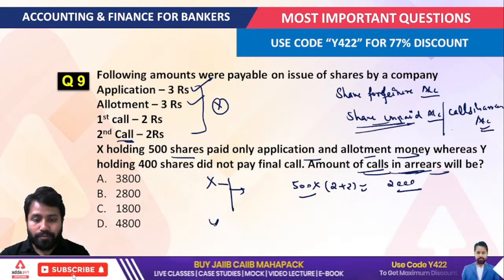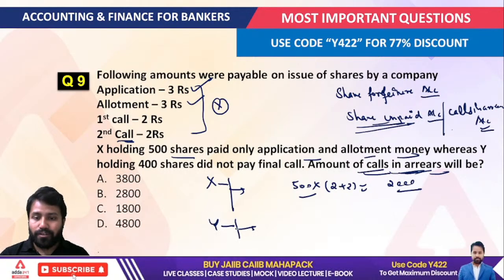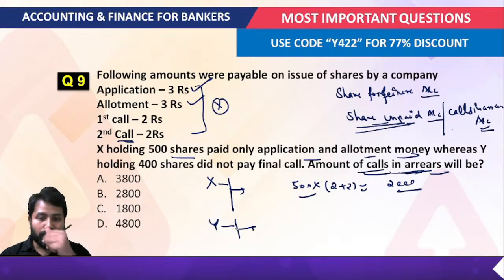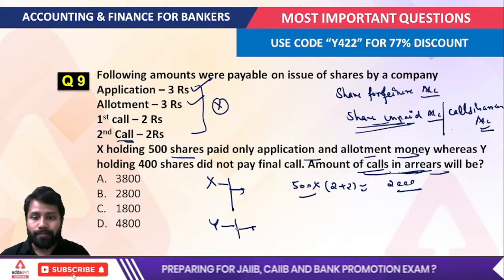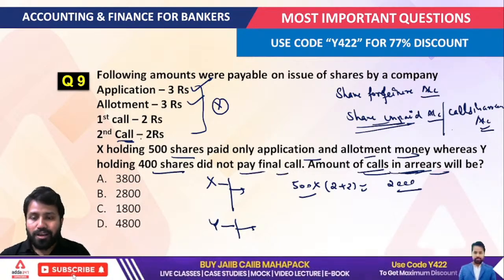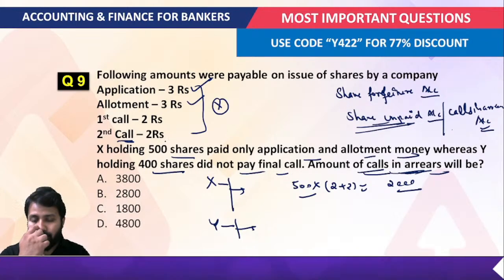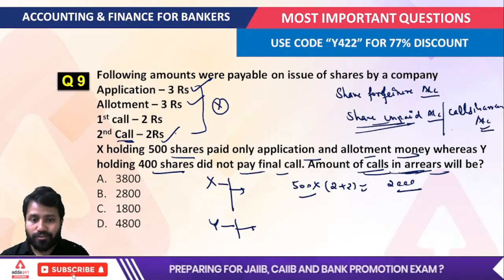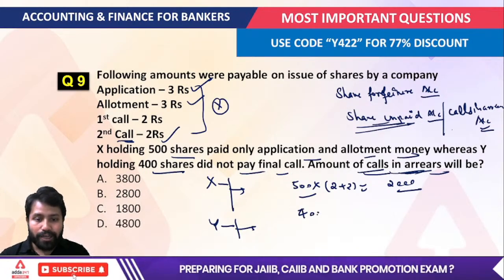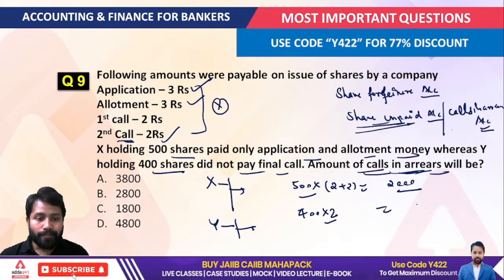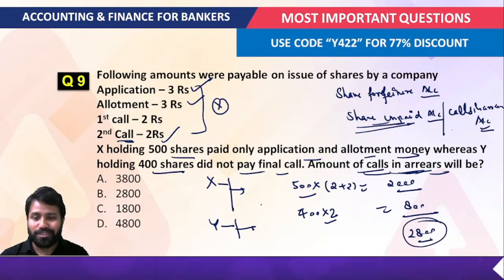Now for Y, whereas Y holding 400 shares did not pay the final call, Y has not paid this 2 rupees. That means 400 multiplied by 2 becomes 800. So your answer would be 2,800.